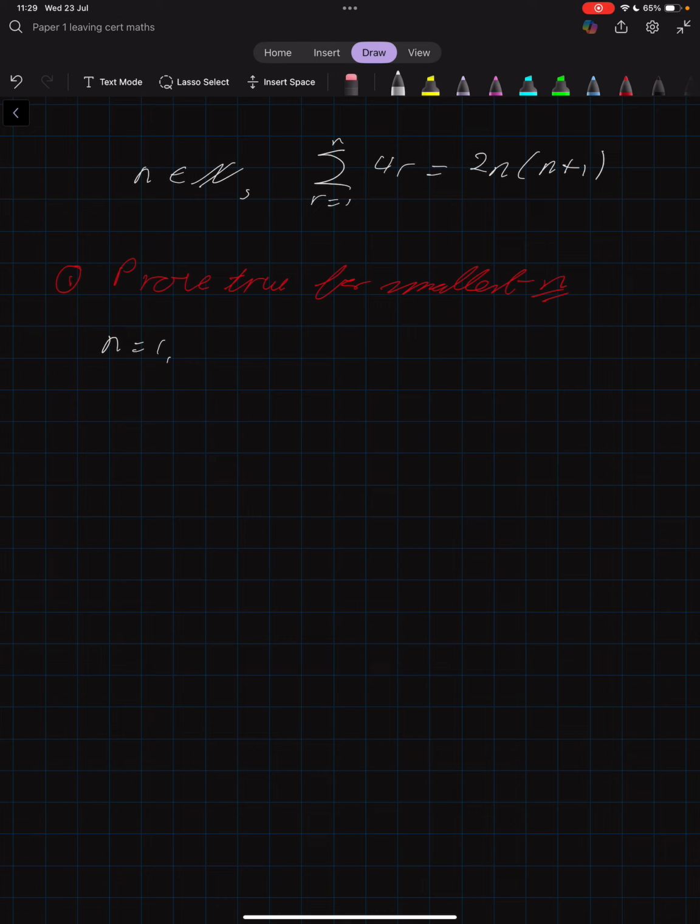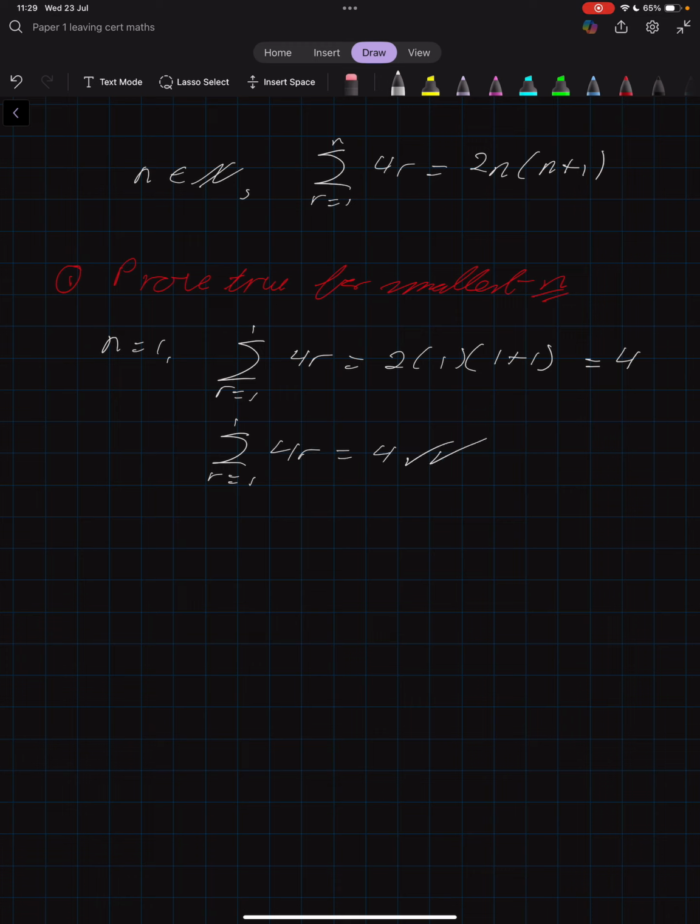So I want the sum from r equals 1 to 1 of 4r to be equal to, n is 1, so it's 2 times 1 times 1 plus 1. Okay, that's equal to 4. So is the sum from r equals 1 to 1 of 4r equal to 4?